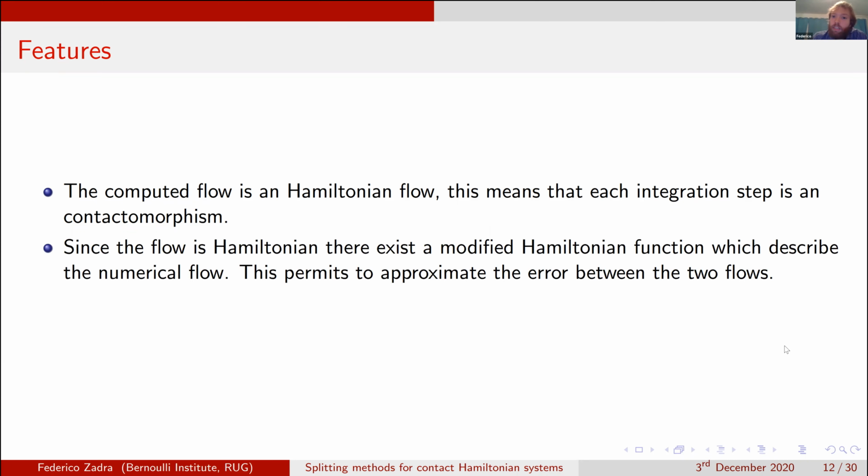This means that we can find a Hamiltonian, in particular a sort of modified Hamiltonian, that will describe the system that we are integrating with our method, and not anymore the original system. This modified Hamiltonian can be studied in order to see the error or other features of the new system.